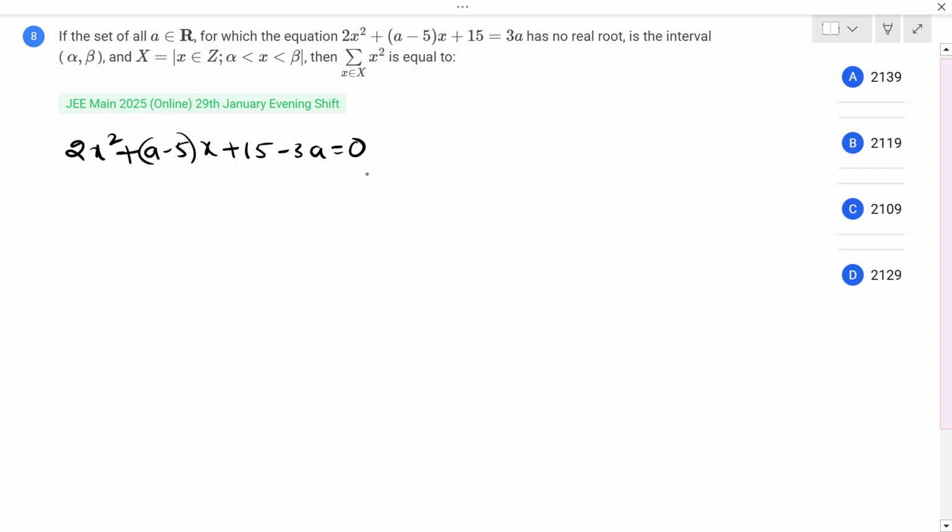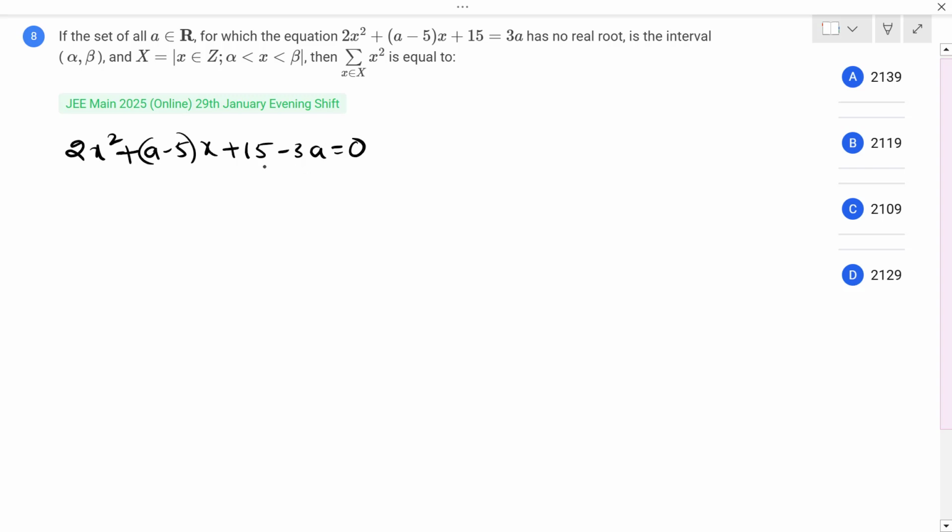You might ask me, sir, how can you make sure that this quadratic equation doesn't have any real roots? I will make sure by selecting the value of a in such a way that this quadratic equation does not have any real root.